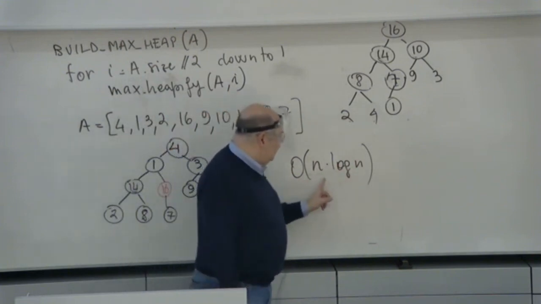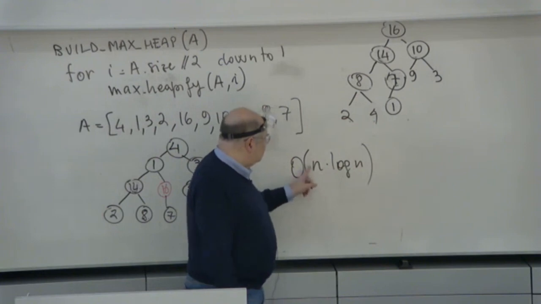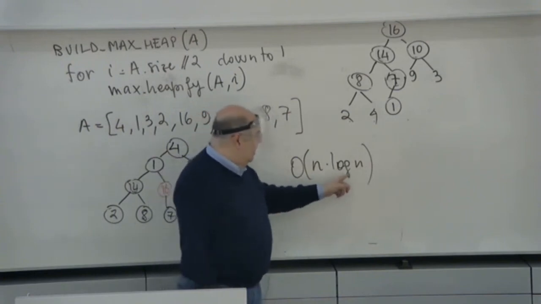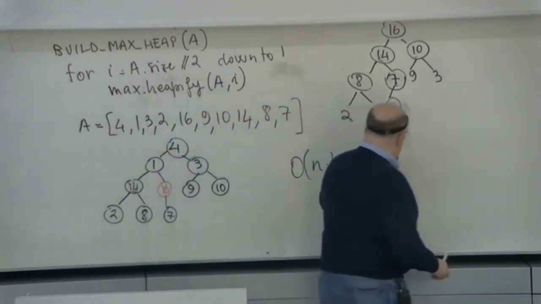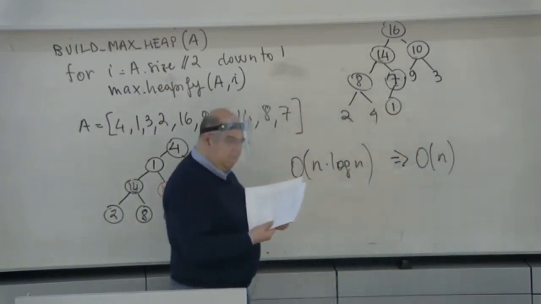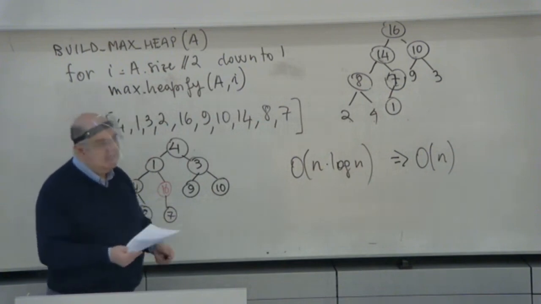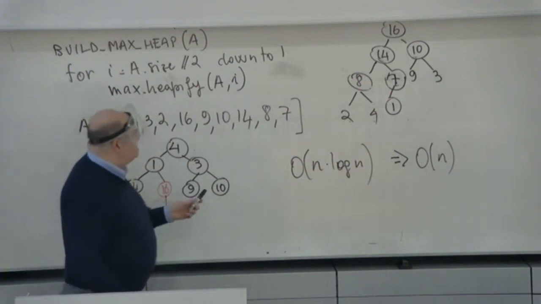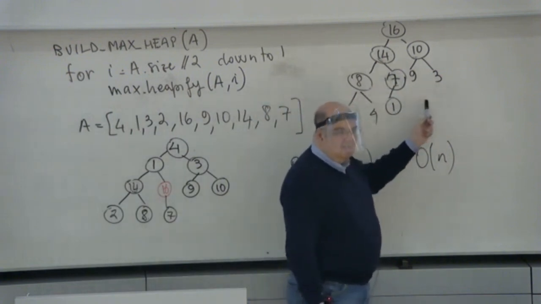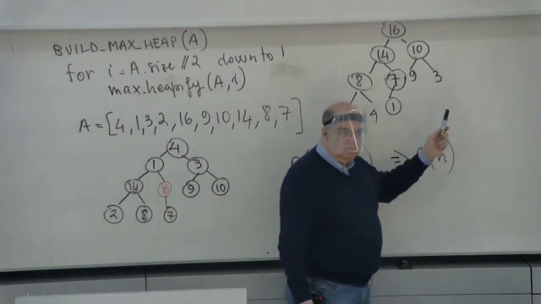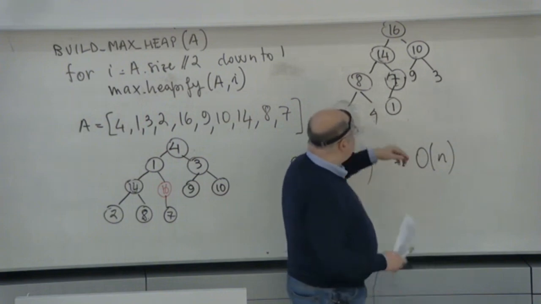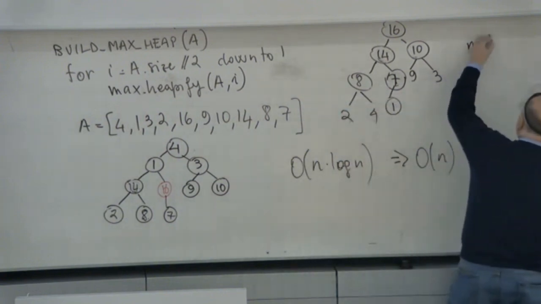So in the multiplication between the two, this measures kind of this, but this is actually decreasing, and because of this, essentially you get order of n. The details, again, are in the book, and are essentially based on the fact that the number of nodes in any row, at any height, is bounded by the size divided by 2 to the right power. So, for example, in this case, we have n equals 10.